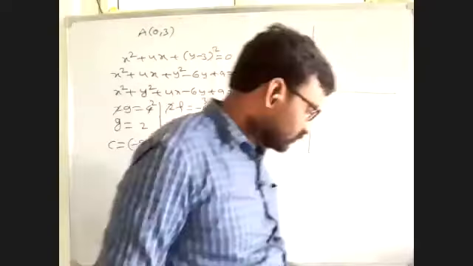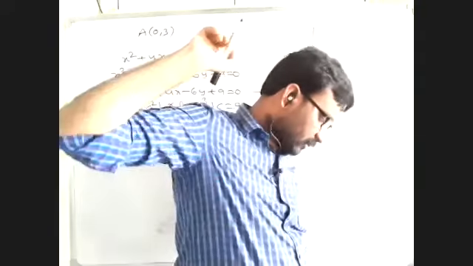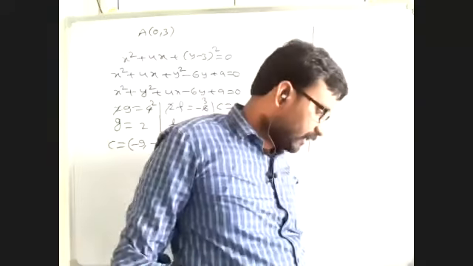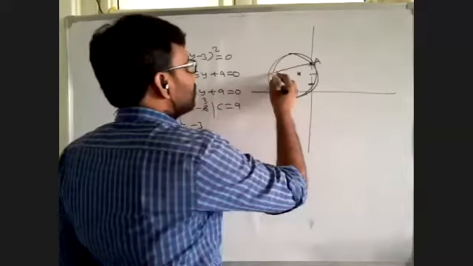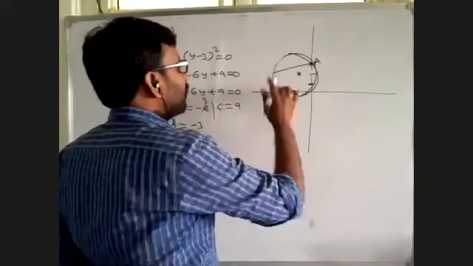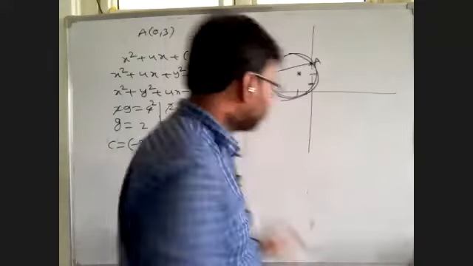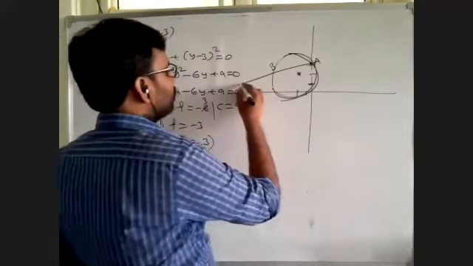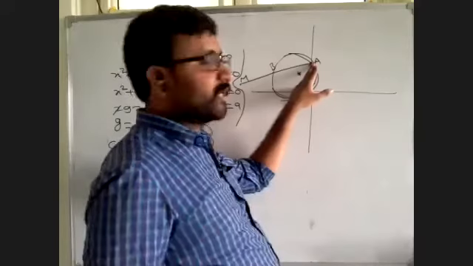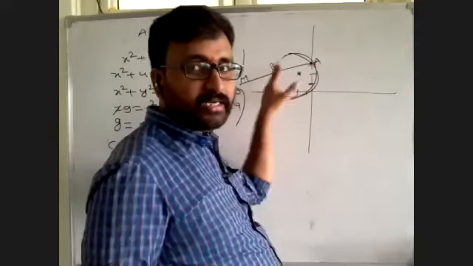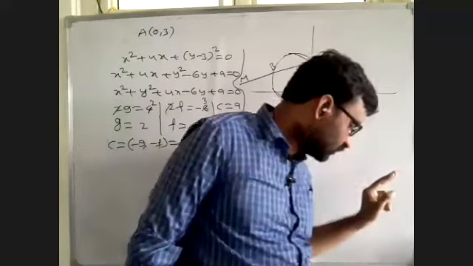From the point (0, 3) on this circle, a chord AB is drawn and extended to a point M, such that AM is equal to 2AB.